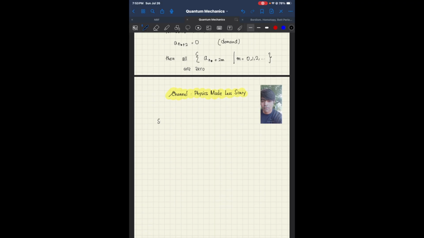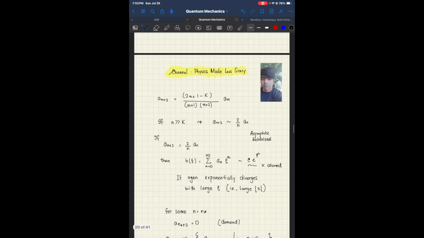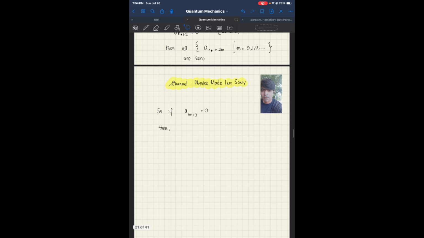So if a_{n*+2} is equal to 0, this means, well, let's look at this equation again. You certainly don't demand a_{n*} to be 0, otherwise your entire series would collapse.